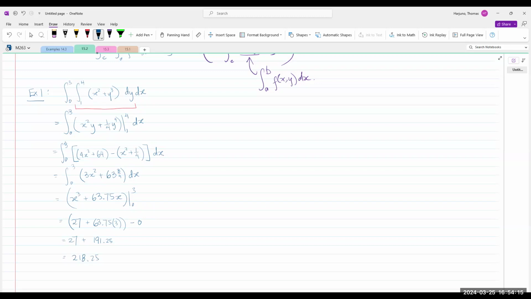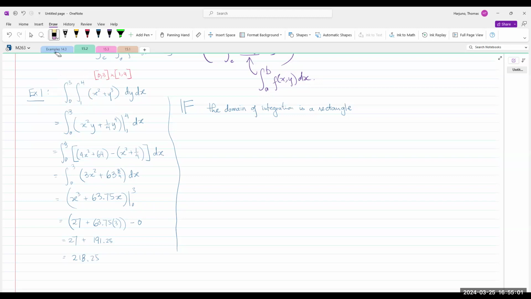Now, the thing is, if the domain of integration is a rectangle, like in this case, the x is from 0 to 3, the y is 1 to 4, which is a rectangle.